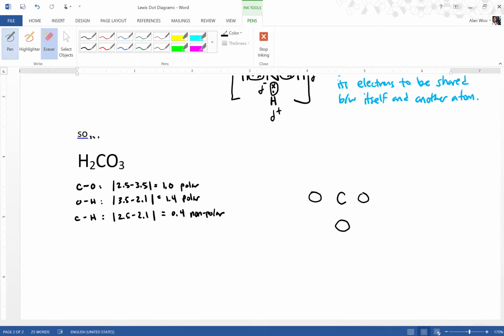I'm going to use a dot for carbon. Just make them slightly bigger. Carbon has 4 valence electrons. I know that I can have an electron here with oxygen, but oxygen has 6, so I'm going to put 6 X's in.